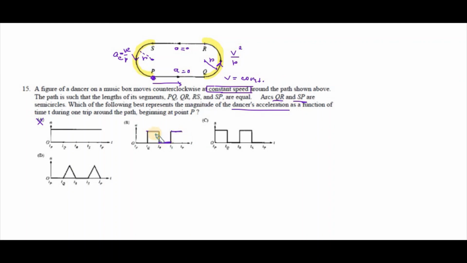So this one is correct, and we don't have to analyze the second case. In C, they have given certain acceleration from P to Q, but we have seen there is no acceleration there, so C cannot be possible. In D, the acceleration is not varying, so it cannot be triangular shaped, so D cannot be the answer. So the option is B.